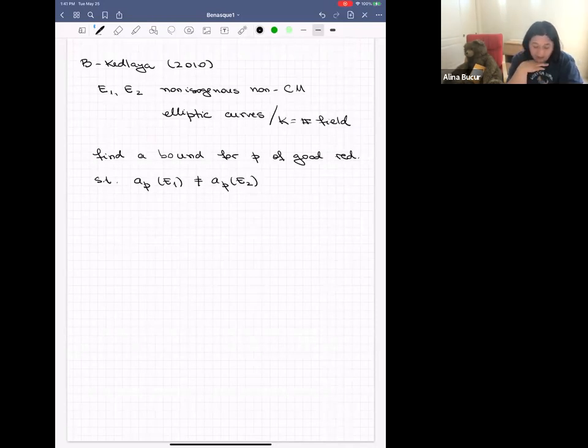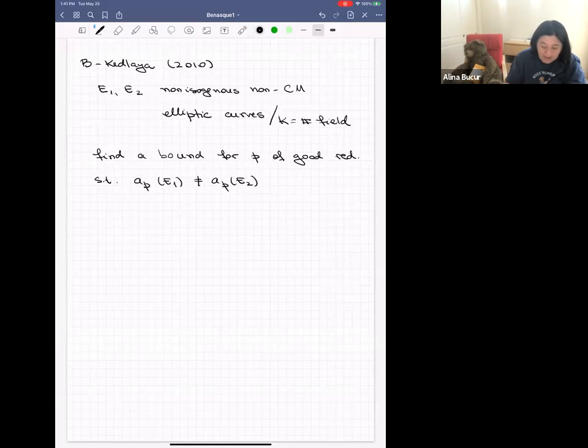It starts with the fact that Faltings proved in the 80s that if you have two non-isogenous non-CM elliptic curves over some number field K, then there will be some finite place of K where both curves have good reduction and the a_p coefficients are different. In other words, the L-functions will be different, but it's more than that: two of the a_p will be different.